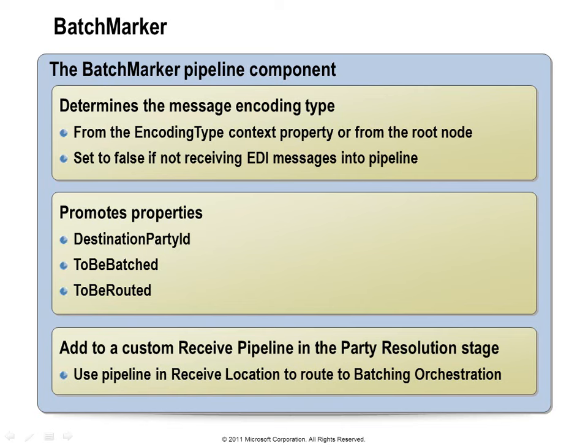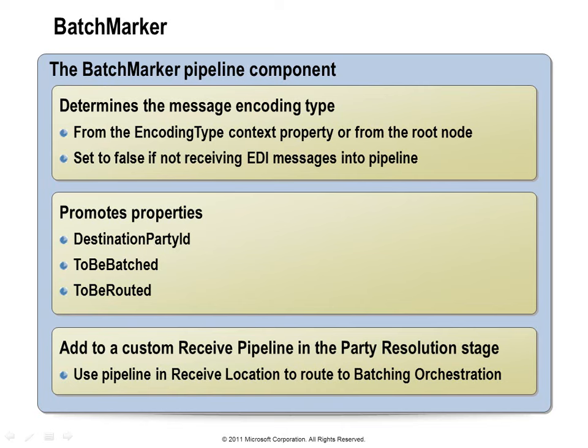Now, in addition to the to be batched and the destination party ID, it'll also put a to be routed property on there. So it'll promote all these properties in the context to aid in the subscriptions to get this stuff routed to the orchestration correctly. When you add this to a receive pipeline, you're going to want to put it in the party resolution stage.